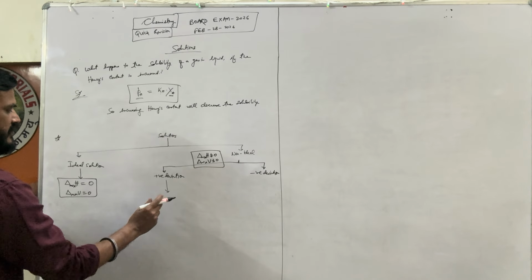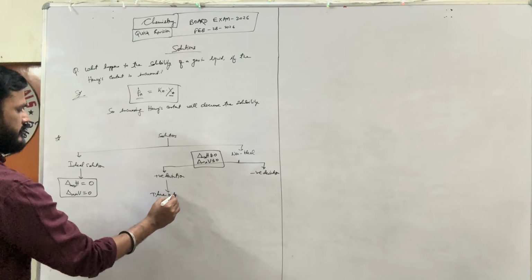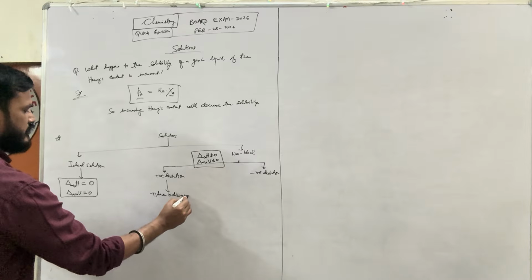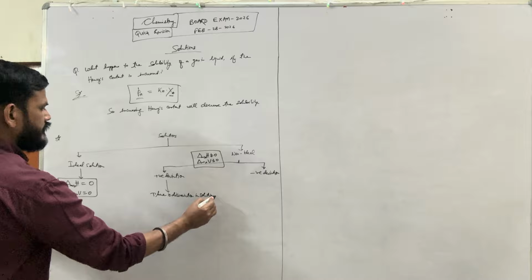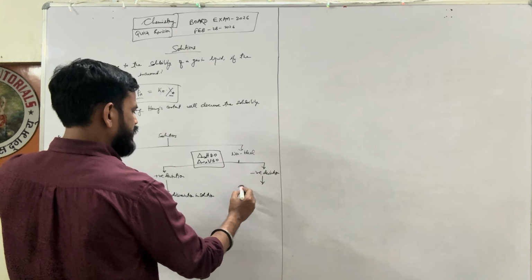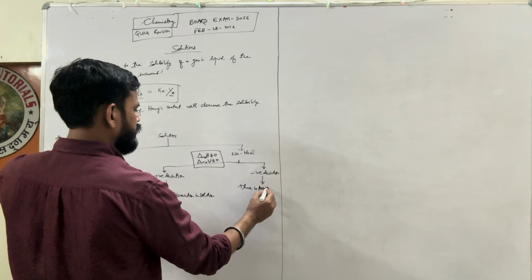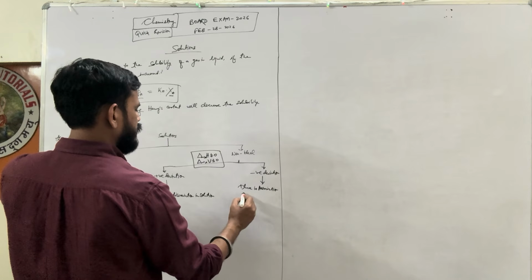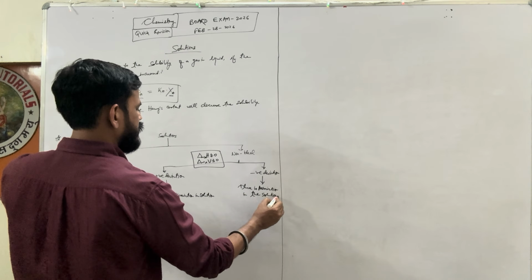It is because there is dissociation in the solution. Why is there negative deviation? Because there is association in the solution.